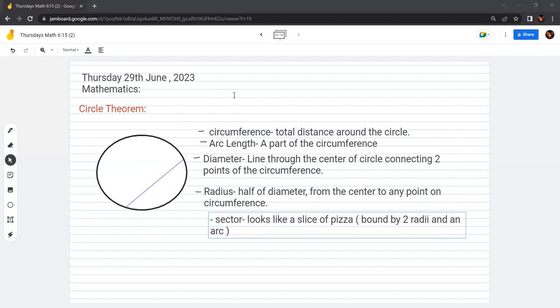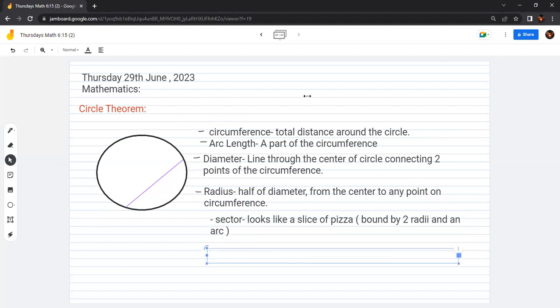If it goes through the center, then it's the diameter. If it doesn't go through the center, we call it simply a chord.